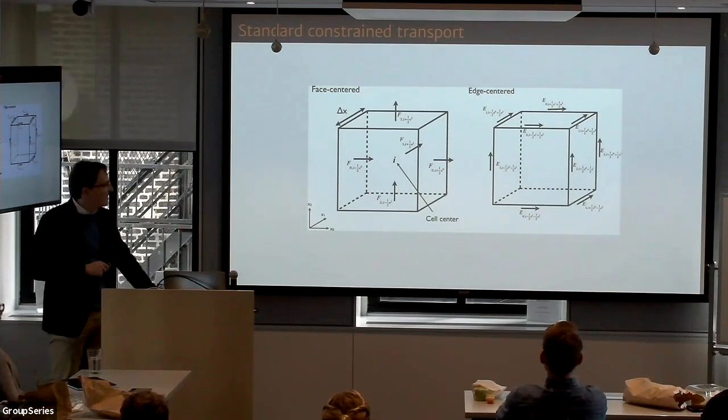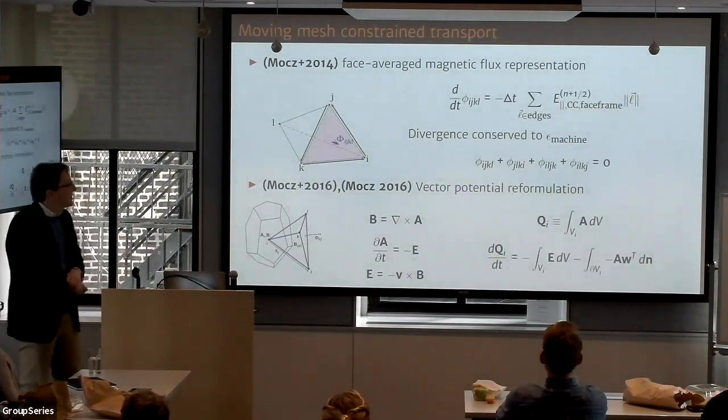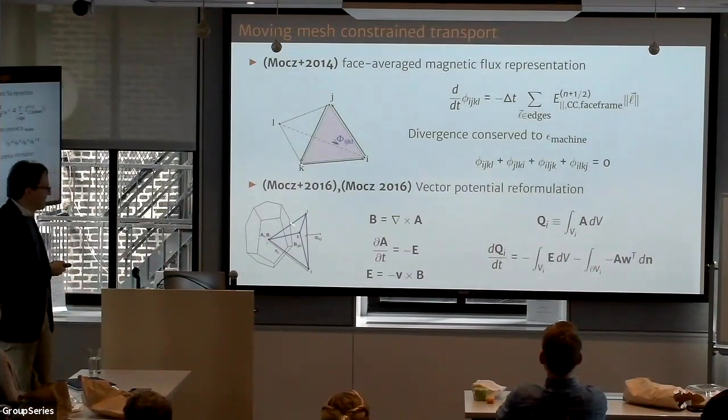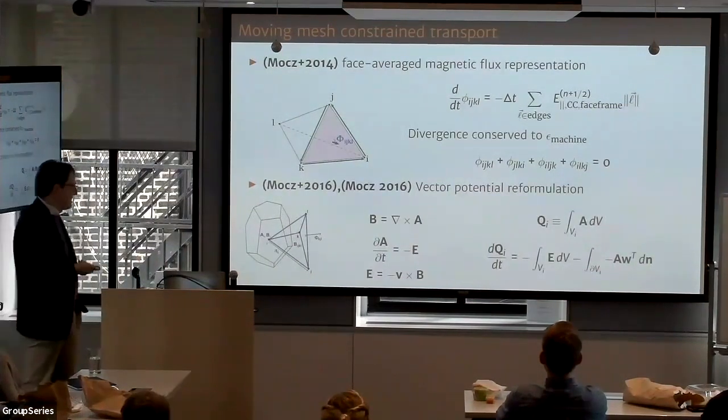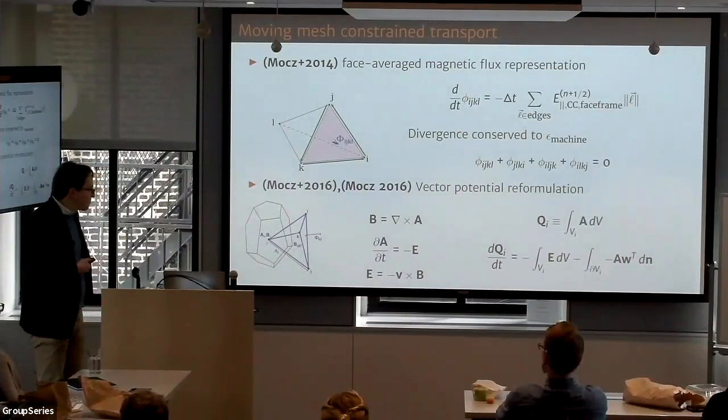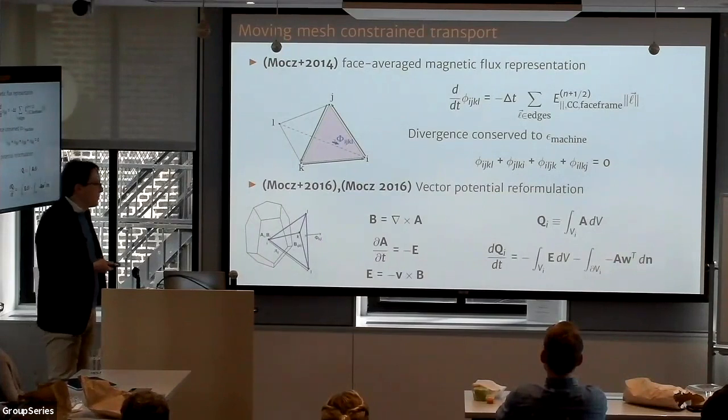And this is much harder to do on a moving mesh. I've thought about different ways to do this. On a moving mesh, you typically have polyhedral cells, but they can change their faces, and they can change their number of faces as they evolve. I came up with a few different methods to solve this problem.